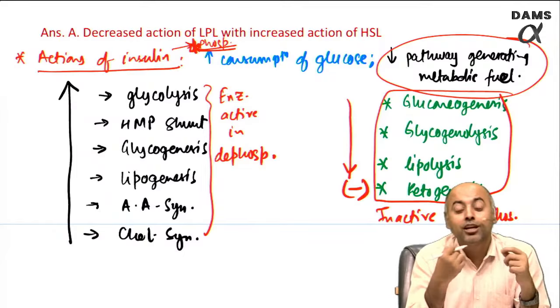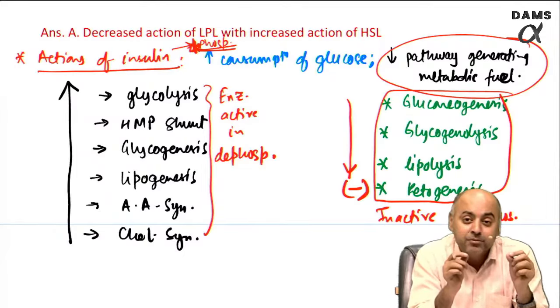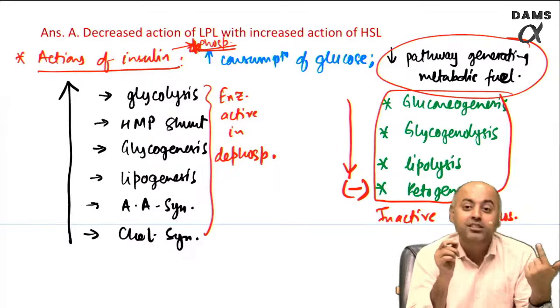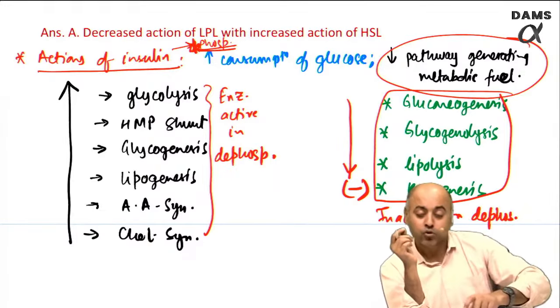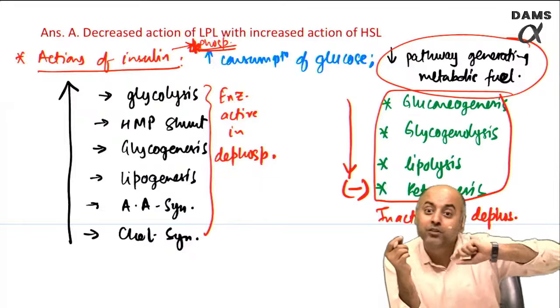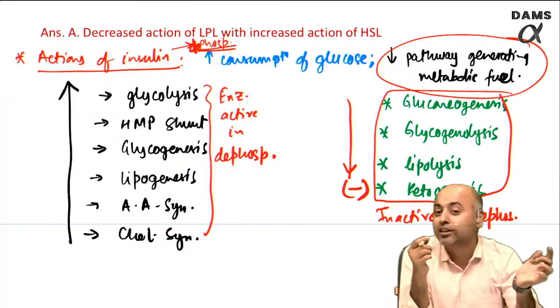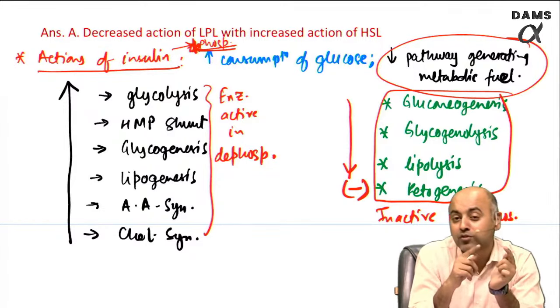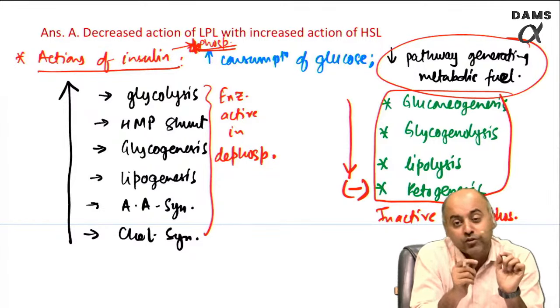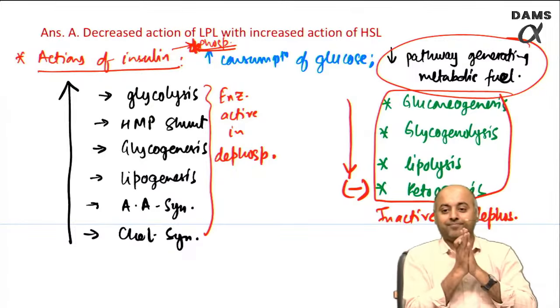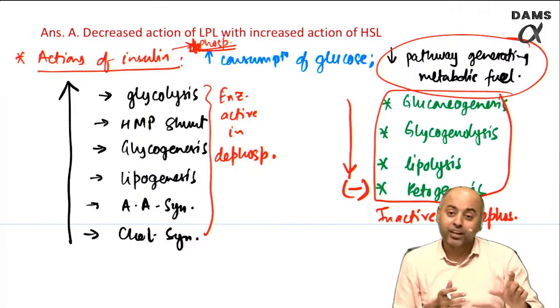So in this way you can remember which enzymes are active in the phosphorylated state and which in the dephosphorylated state. When you talk about an enzyme, you know which pathway it belongs to, and from this table you will remember which pathway is activated by insulin, and therefore which will be active in the dephosphorylated state and vice versa.